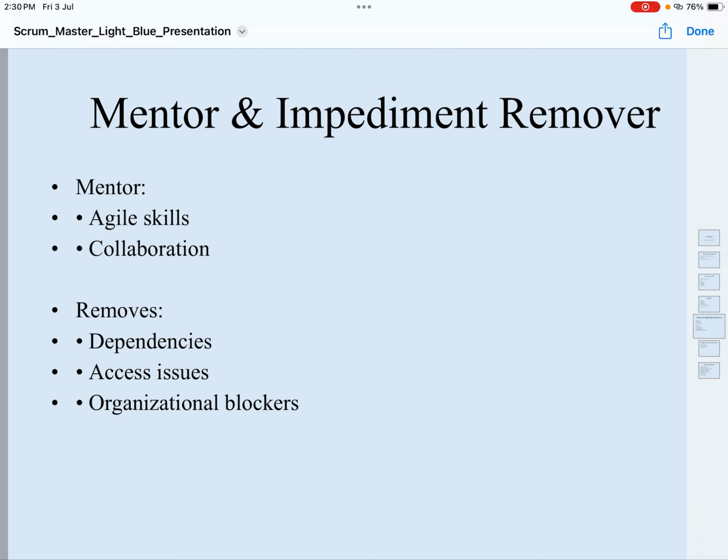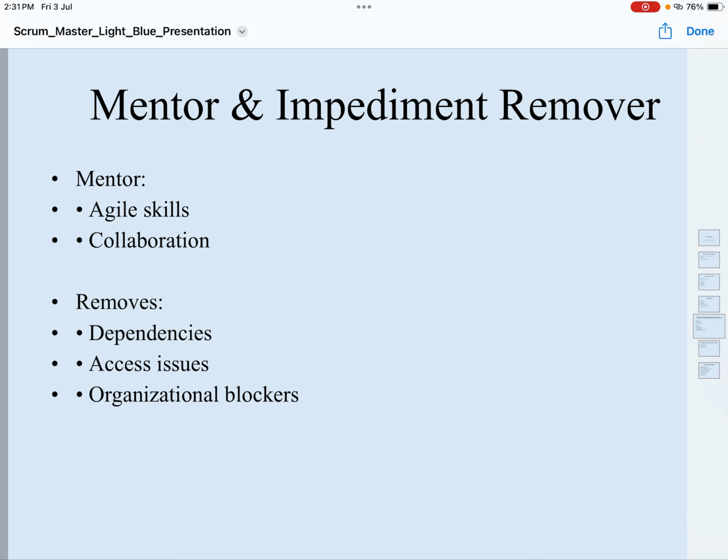Then another important duty of the scrum master is that he or she is an impediment remover. Okay, so what kind of impediments can there be? There can be issues, there can be dependencies on other teams, or maybe some other members who are not part of the current team, or maybe some organizational blockers where things are not flowing smoothly.